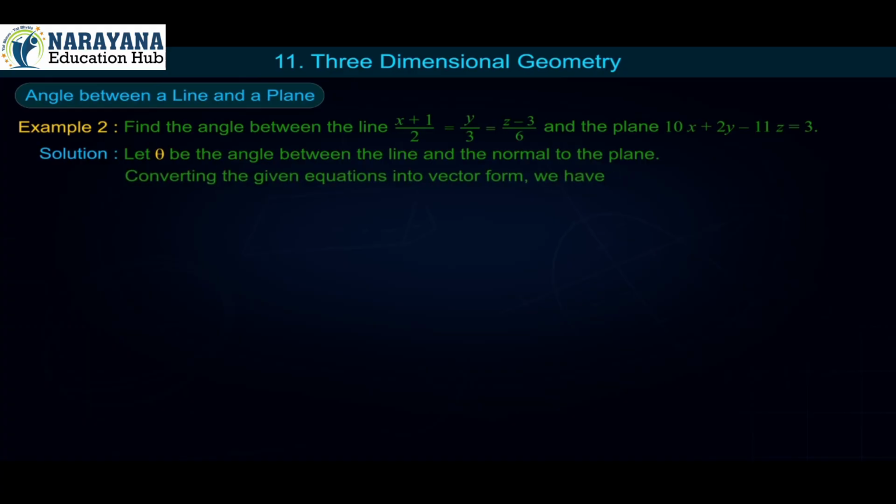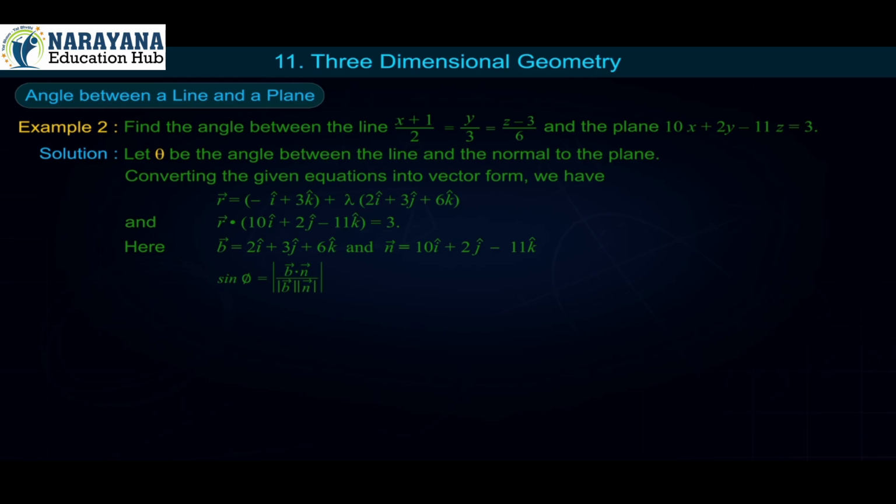Converting the given equations into vector form, we have vector r = −i cap + 3k cap + λ(2 i cap + 3 j cap + 6 k cap), and vector r · (10 i cap + 2 j cap − 11 k cap) = 3. Here vector b = 2 i cap + 3 j cap + 6 k cap, and vector n = 10 i cap + 2 j cap − 11 k cap.